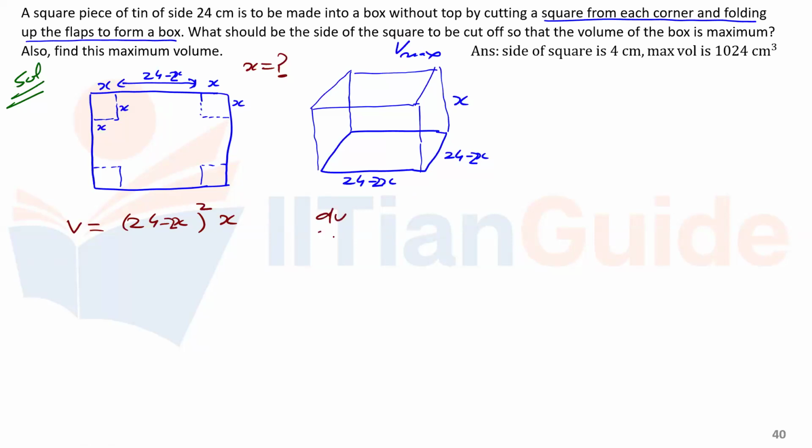Calculate dv by dx, make it 0. Then you will get the value of x. जल्दी कर लीजिए. हमने कहा ना क्वेश्चंस में वैरायटी बहुत है. तो एक बार अगर क्वेश्चन कर रहे थे तो आइडिया रहता है, कॉन्फिडेंस रहता है. Just do it.